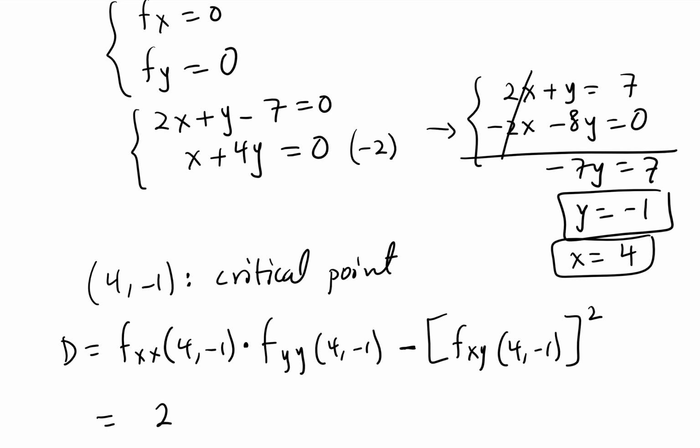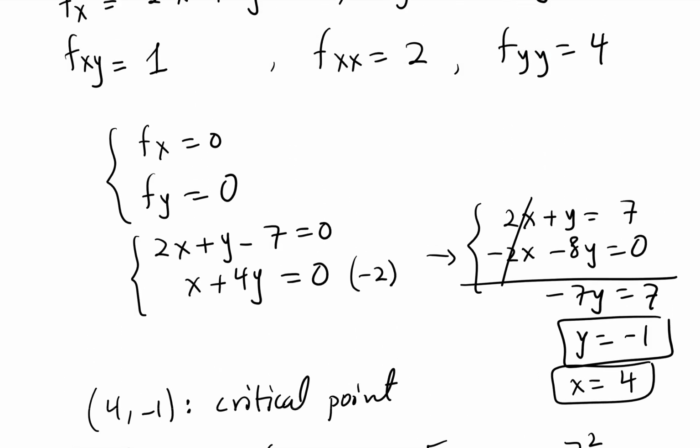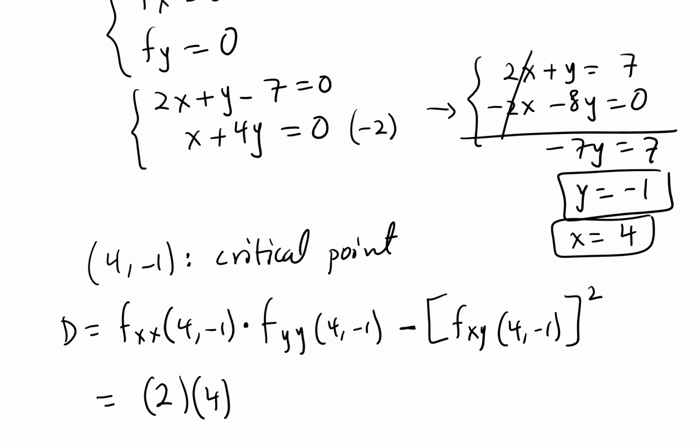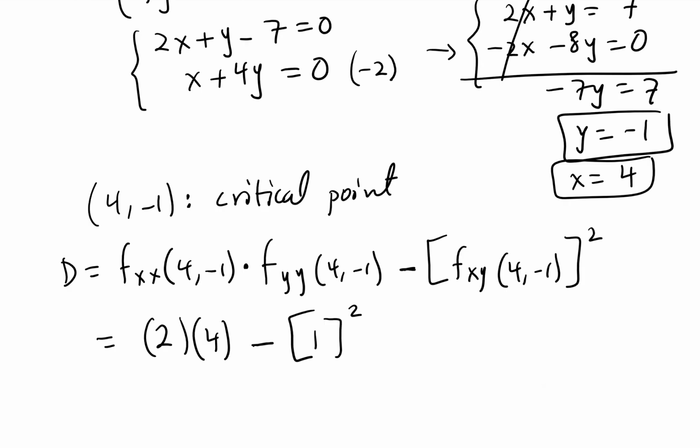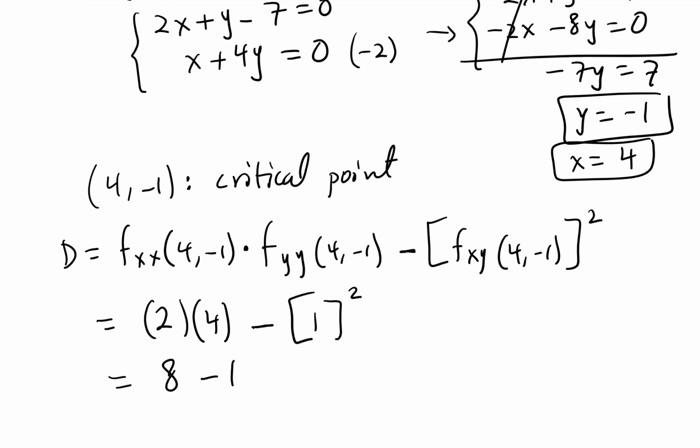I can't do anything there, just put 2 there. f sub yy is 4. That's the easiest when you've got numbers. You don't have to plug more in. f sub xy is 1. I don't have to substitute that in. So that's 8 minus 1. That gives me 7, which is bigger than 0.